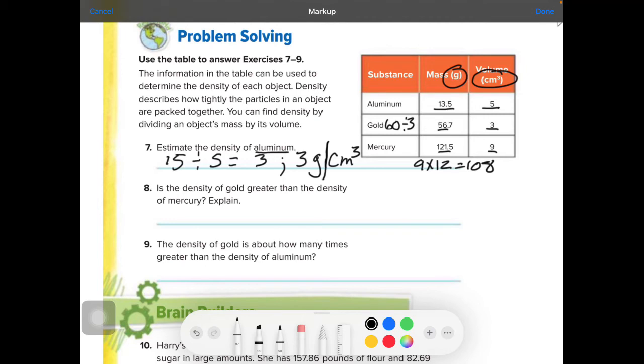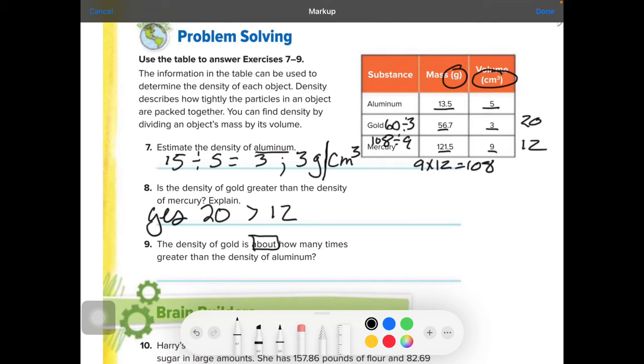We can do that in our head. That's one of our multiplication facts. So if we alter this number to 108 divided by 9, we know that we have 12 here, and then we have 20 here. Then we can say the density of gold is greater than mercury because gold's density is 20 and that's greater than mercury's density, which is about 12. Now, these are not precise, but we can see through these calculations mentally in our head without doing a lot of crazy calculations that that is the answer they're looking for. So yes.